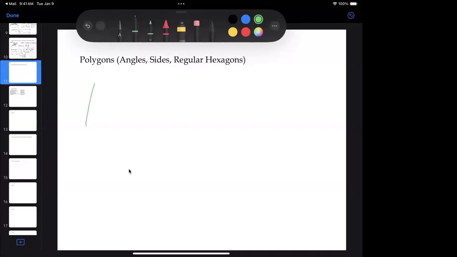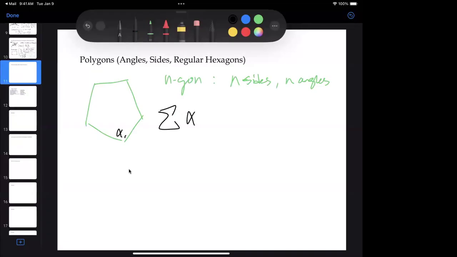If we have any n-gon, which means it has n sides and n angles, then the sum of all the interior angles is going to be that. This is because we can separate it into n minus 2 triangles, and every triangle has interior angle sum 180. So we multiply by 180.